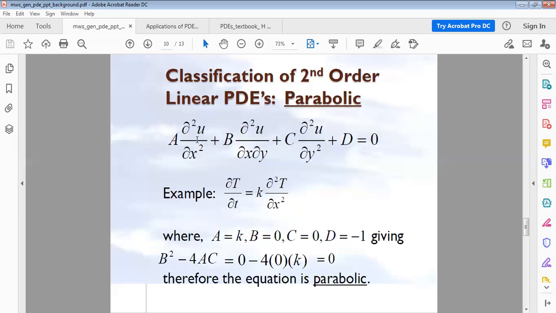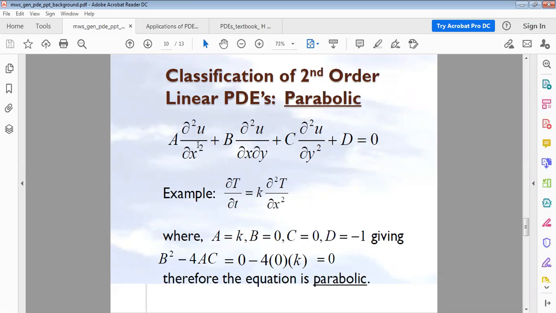Remember it. Again, this is the standard form of a linear partial differential equation, and suppose this is an example. T is a function of t and x only. t is the time and x is the other independent variable, so there are two independent variables, t and x.